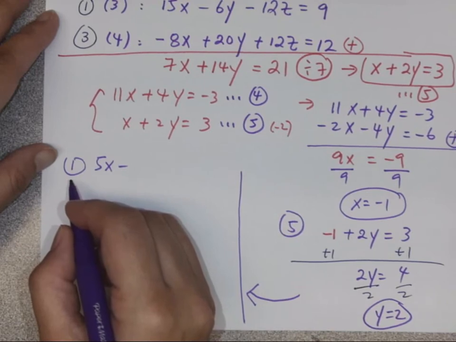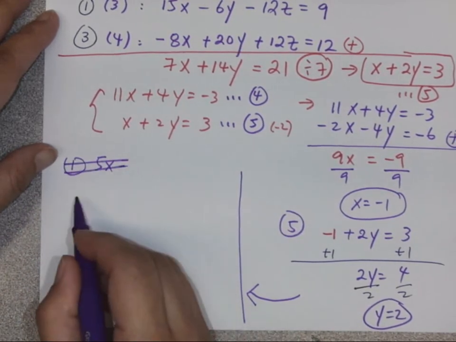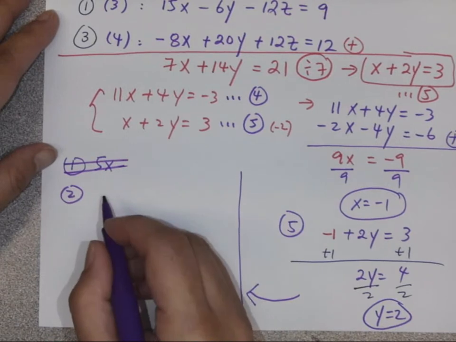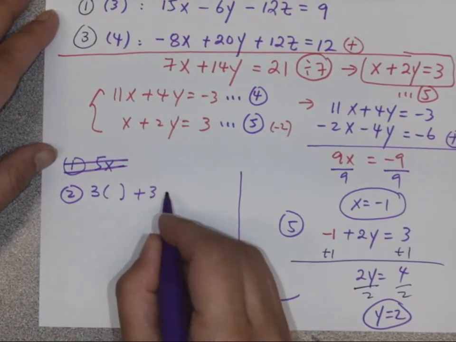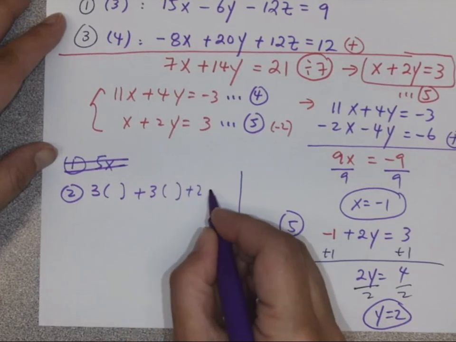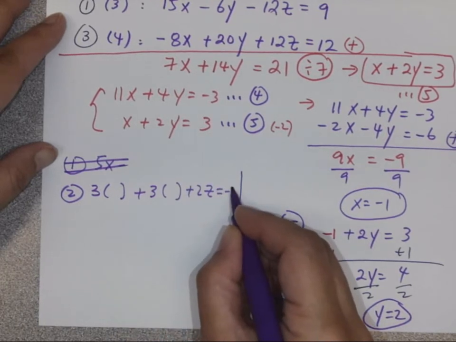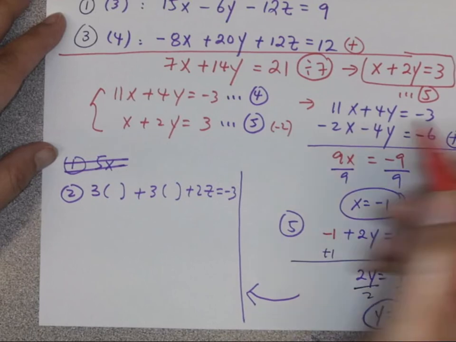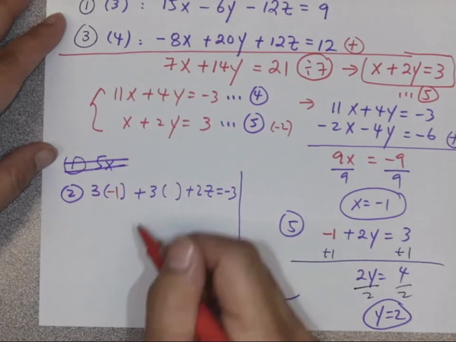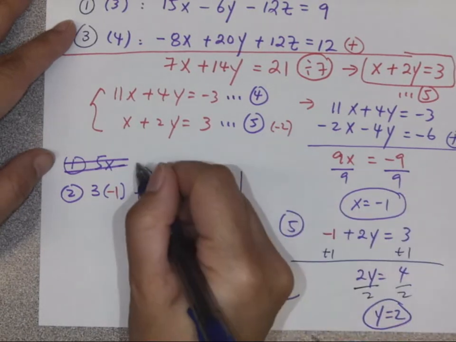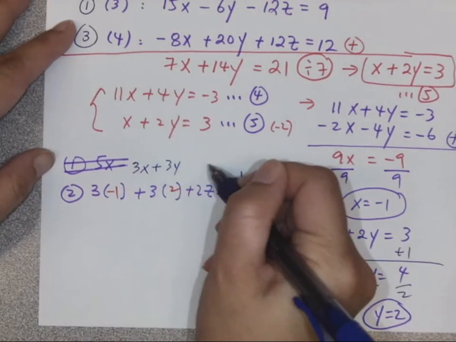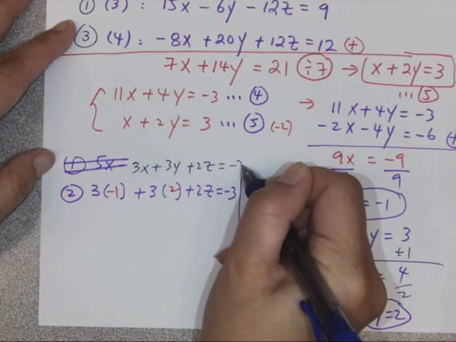Huh? You don't care? Okay. All right, let's try equation 2 and I will check with you, John. Okay, 3 times x plus 3 times y plus 2z equal to negative 3, x equal to negative 1, right? And then y equal to 2, right? And this is from equation 2, which is 3x plus 3y plus 2z equal to negative 3.